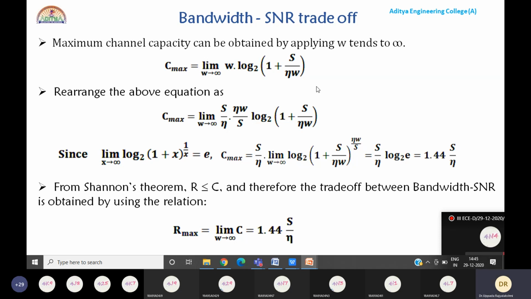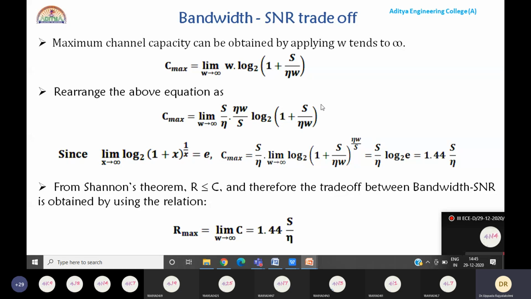So if you want to take it inside the logarithm, you can take it as whole power eta omega by s. So outside the logarithm you have a product, and you can take it inside the logarithm as log the corresponding value power the product outside the logarithm.